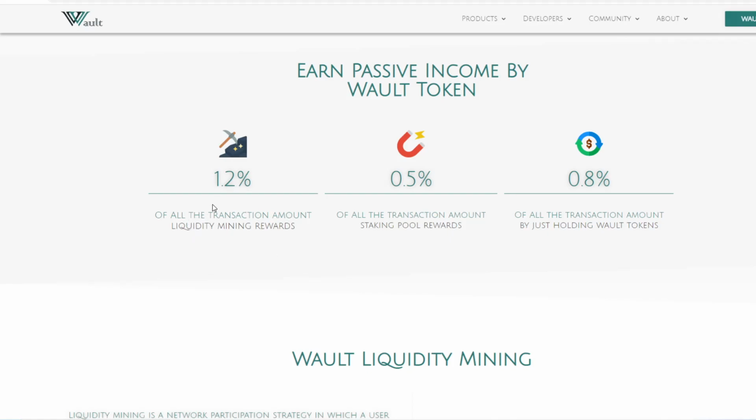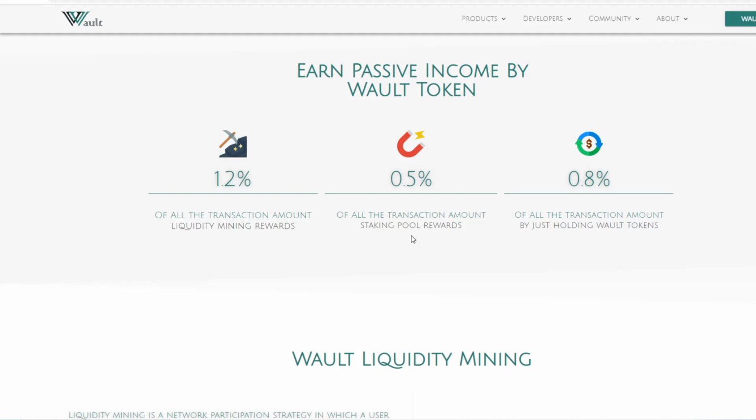So here it gives a breakdown of 1.2% of all the transaction amount in liquidity mining rewards, which is extremely lucrative. As the project scales and there are more transactions taking place within the liquidity pool, you can see how the rewards can really be attractive.